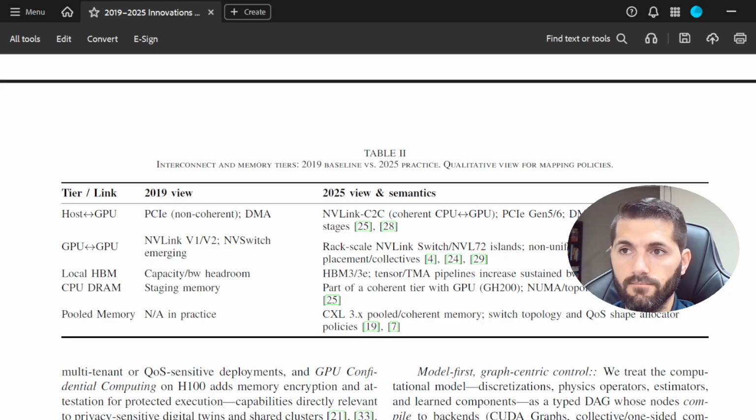So those are potentially directly relevant to privacy-sensitive digital twins and shared clusters, where we can keep information more secure and isolate particular aspects within the digital twin.